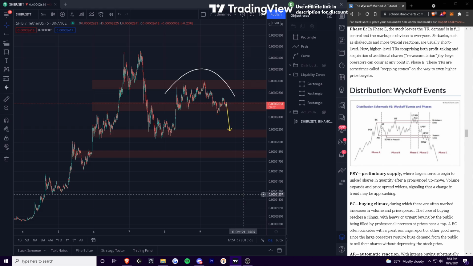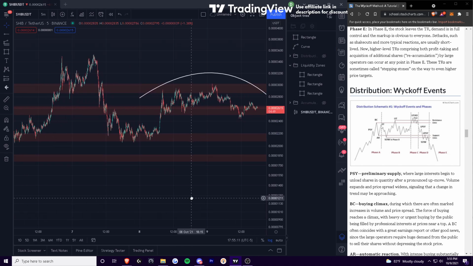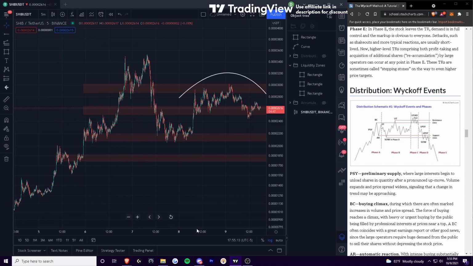So yeah, this is just kind of an educational breakdown of what I saw with Wyckoff in Shiba Inu. And it's a very useful way to look at the market. Whales and big players see an opportunity in something because there's a lot of retail interest. They think a lot of people will buy it, and then a lot of people basically provide liquidity for them by buying at the top and then selling at the bottom.